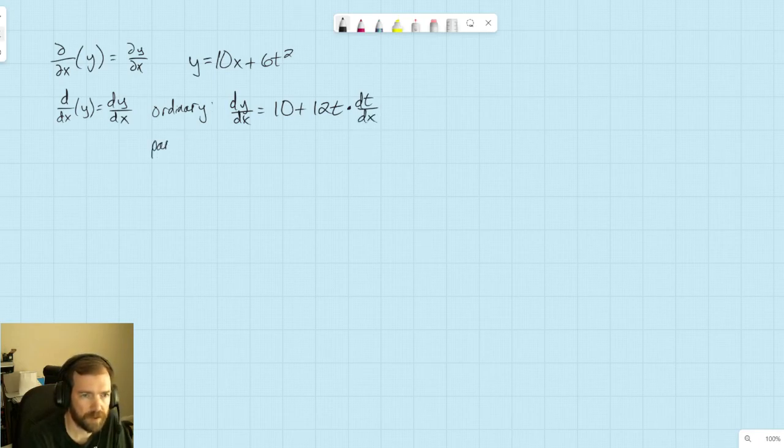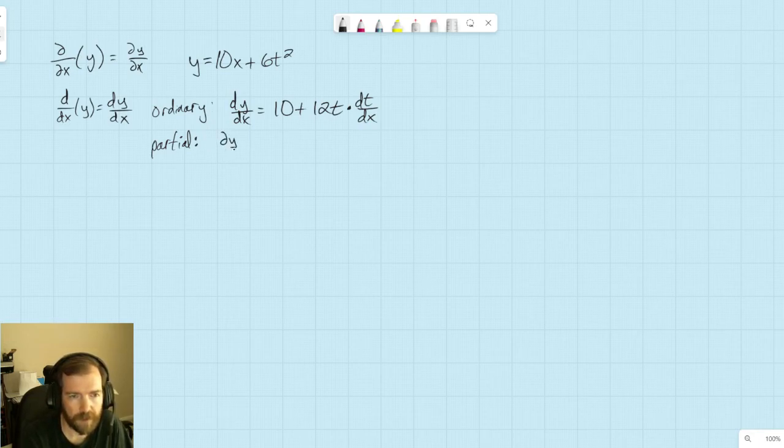But in partial, what we're saying is that we don't actually care what the change in t is with respect to x. We're going to say that that change is going to be 0. So it's a simplification.